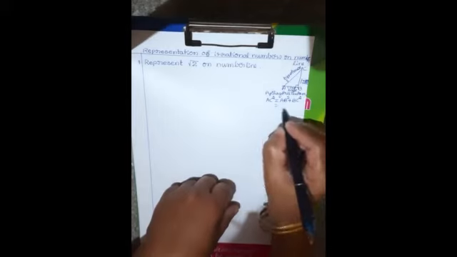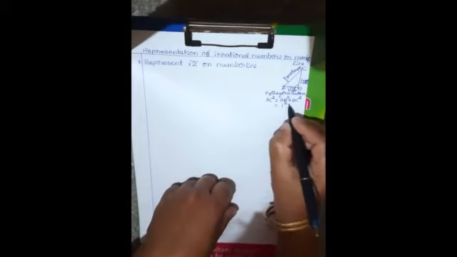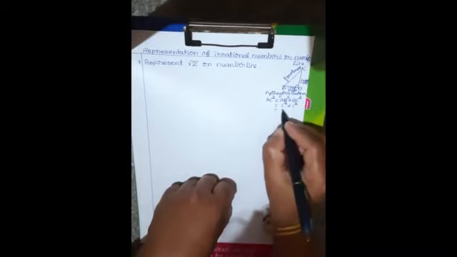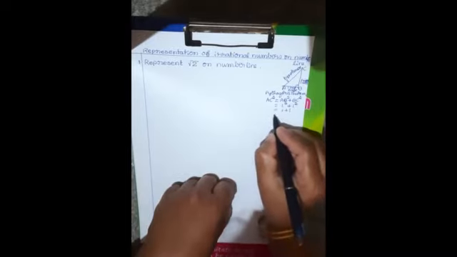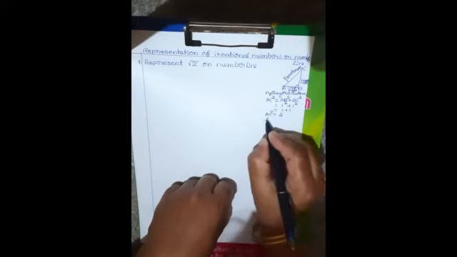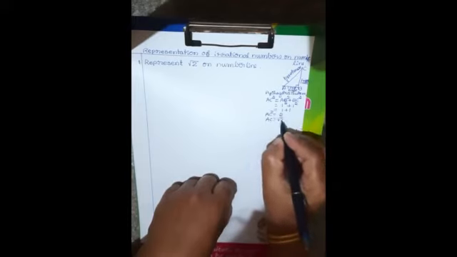Substitute the values: AB is 1, its square, plus BC also 1. So 1 square plus 1 square is equal to 2. AC square is equal to 2. Therefore, AC is equal to square root of 2. So, we need this to locate on the number line.